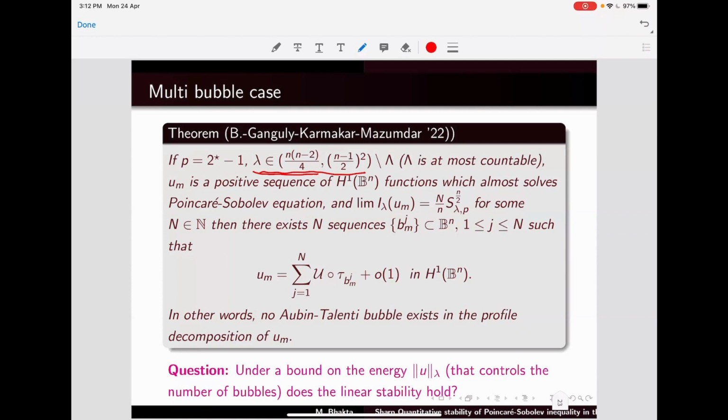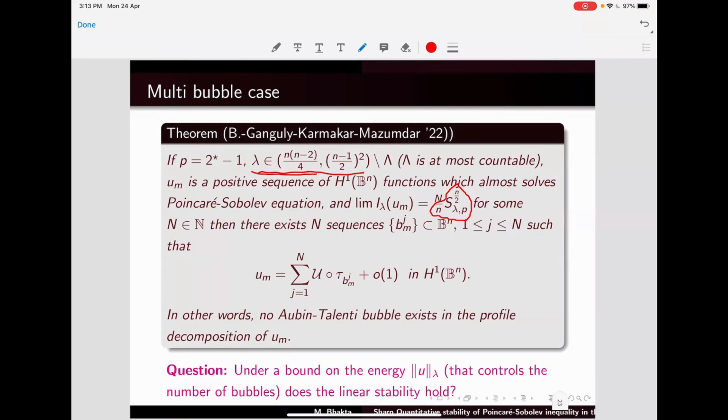That means if we take the energy of the functional, which is a positive integer times the energy of one hyperbolic bubble, so you just take n times that. That means if you take a sequence whose energy is close to n hyperbolic bubbles, then it is actually a sum of only n hyperbolic bubbles.